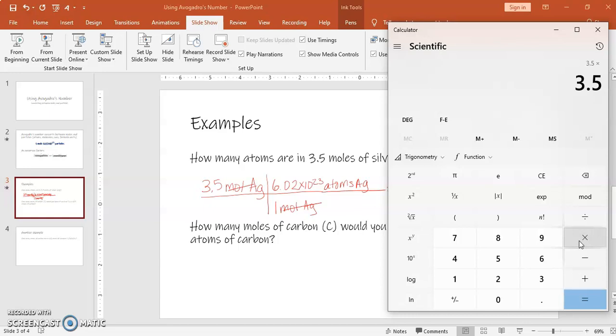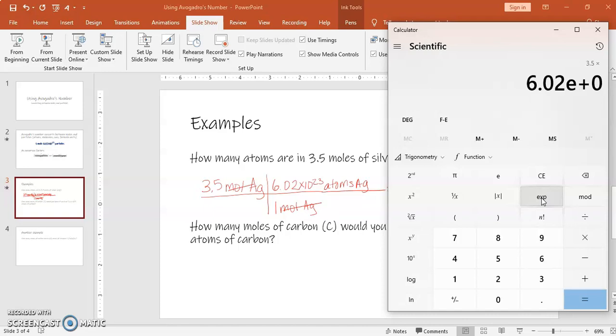When you are entering numbers that are in scientific notation into your calculator, you need to use the exponential notation in your calculator. And that's either going to be an EE key or an EXP key usually. And so for this calculator, we would do 6.02, and then this EXP key is the equivalent of times 10.